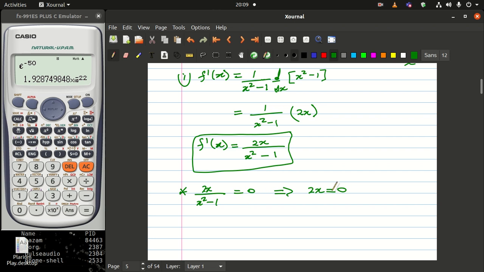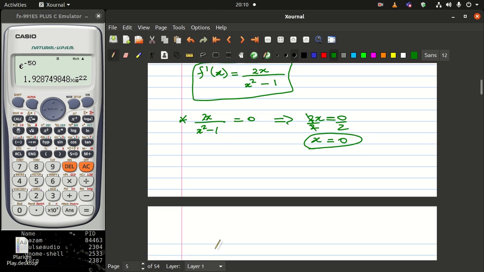So for this thing to be equal to 0, I need to divide this side by 2, divide that side by 2, and then this one and that one will cancel out, and we'll have x is equal to 0 over 2, which is just 0. So that is one critical number that we have.